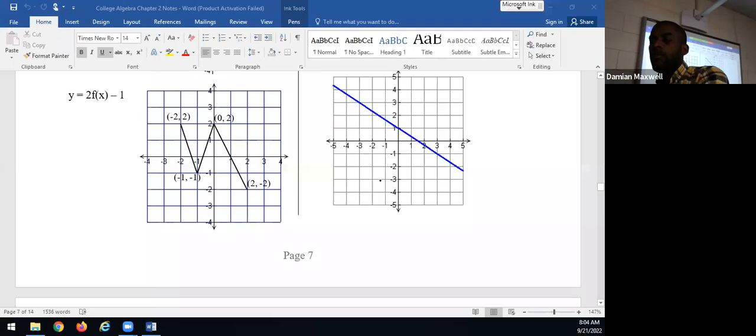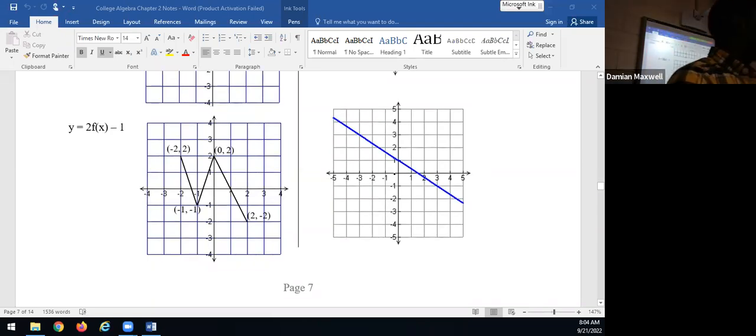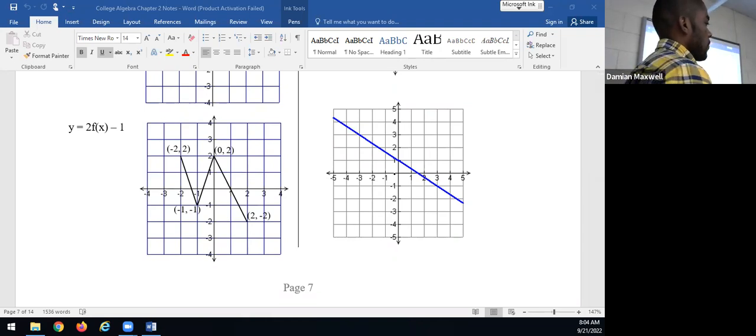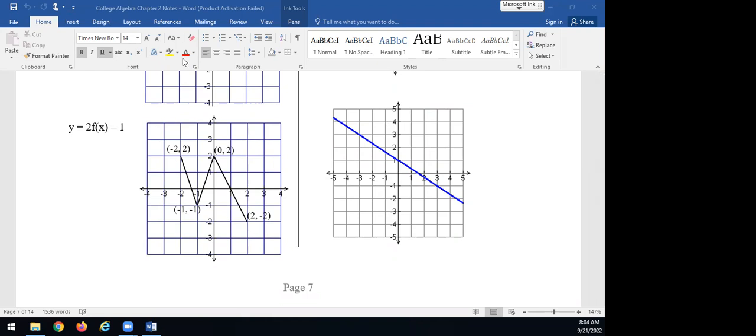So it's on page 7. We had overlooked it in our last recording. Now we have a straight line. The only thing you need to know for the straight line to write the equation is the slope and the y-intercept.